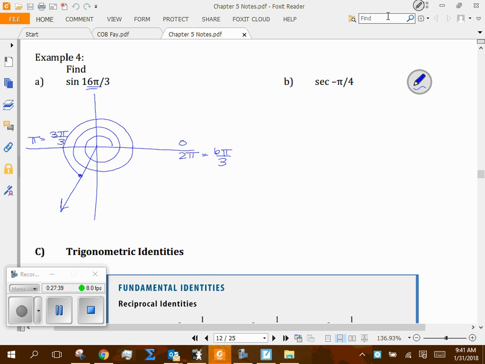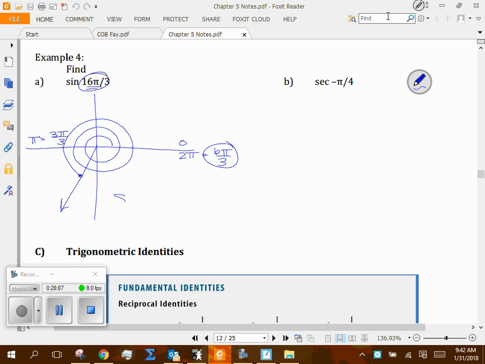Now, drawing that circle so many times is a pain, right? Well, if we did it in degrees, we started removing 360 from the original angle, right? Well, if I look at that thing there and that thing there, and I know that 16 pi over 3 is greater than 2 pi, I can start removing multiples of 2 pi to get a coterminal angle that's a little bit easier to deal with.